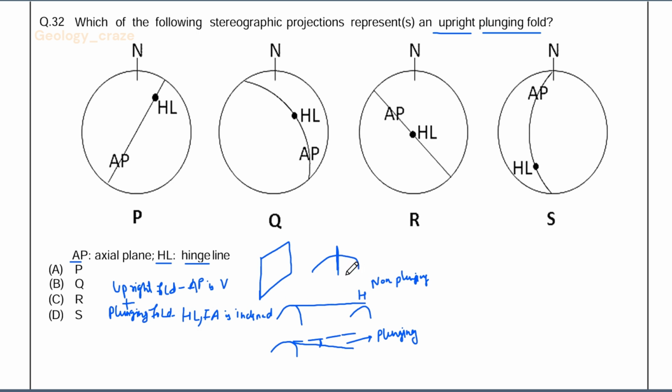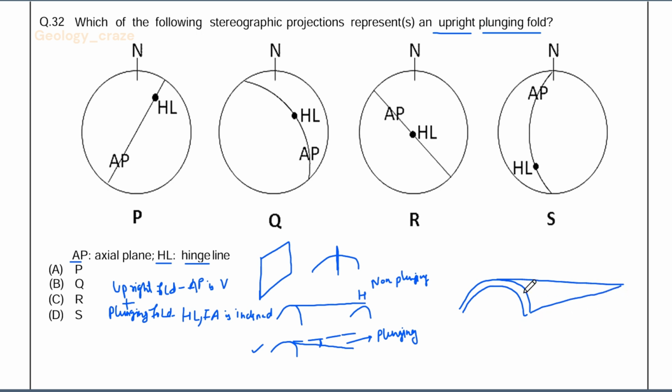Now we will club these two together and get a similar picture, but I have not drawn the axial plane, so I will redraw it.